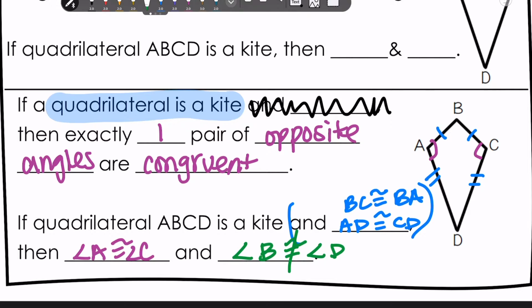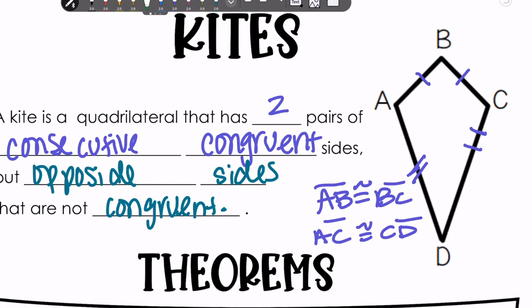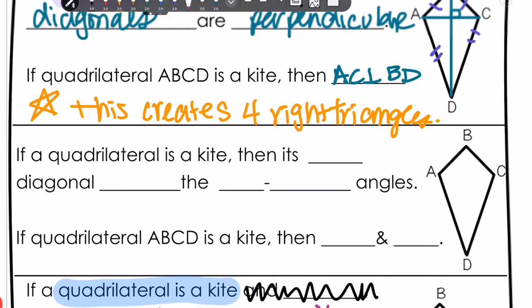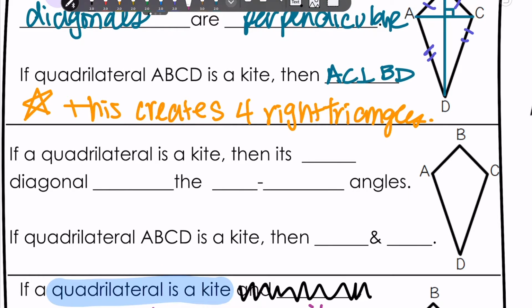Now, that's part of our theorem. It's part of being a kite. So let's really quickly go ahead and adjust this right here. Let's use a different color, and put that in. You need to know that about a kite. All right, now knowing that, let's do our second theorem.